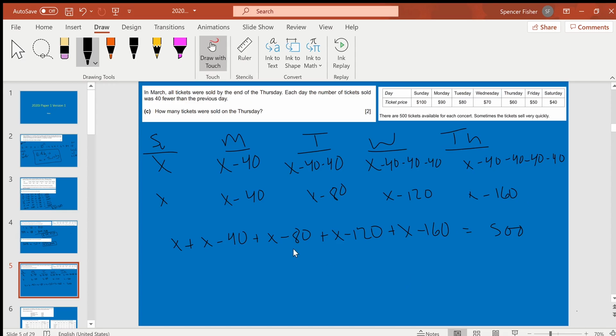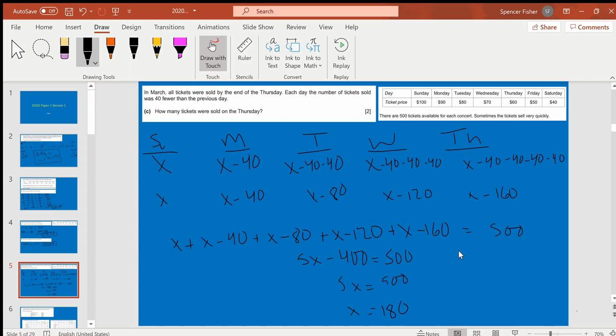Now when we simplify, we combine all of these like terms, we get 5x minus 400 equals 500. And when we solve, 5x equals 900, x equals 180.